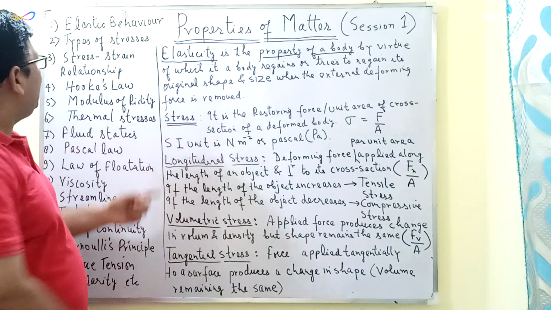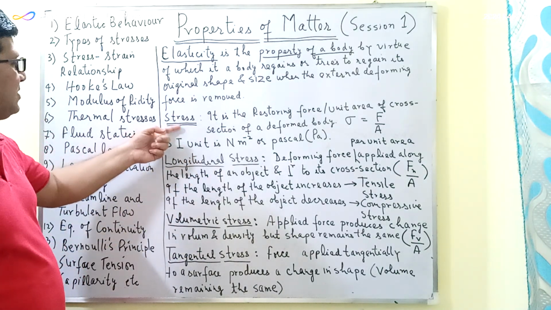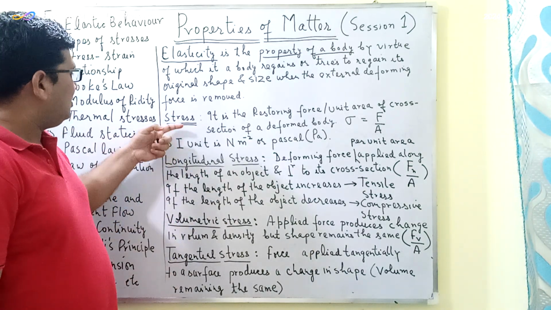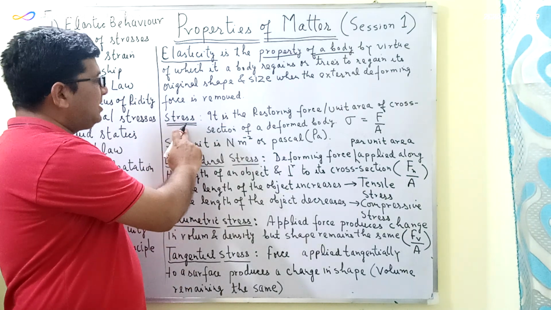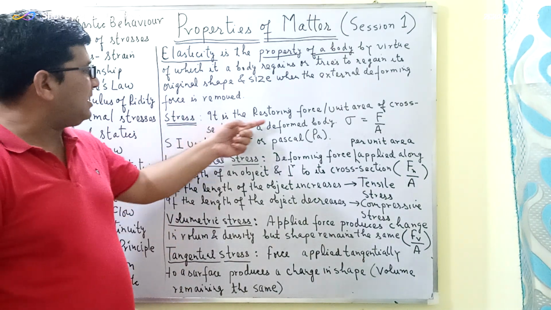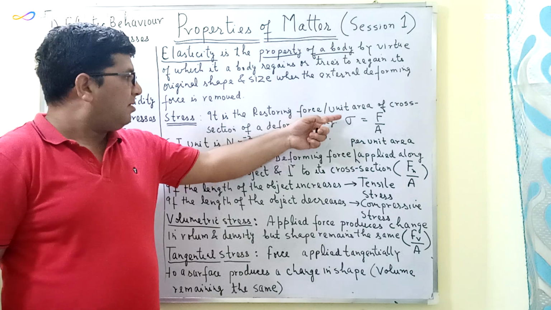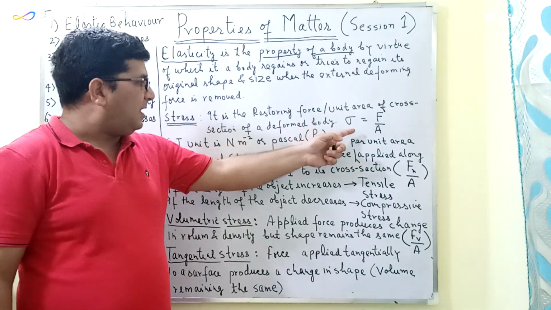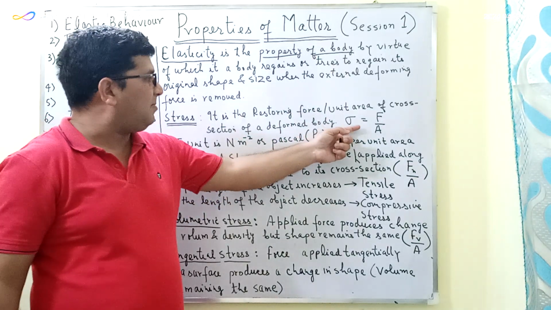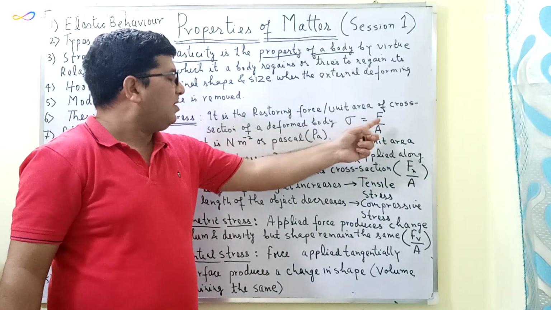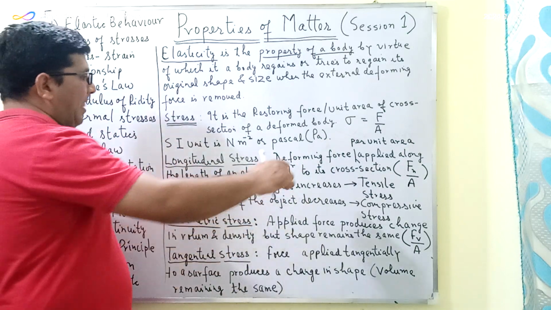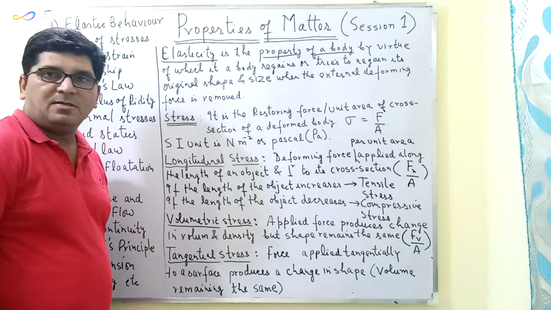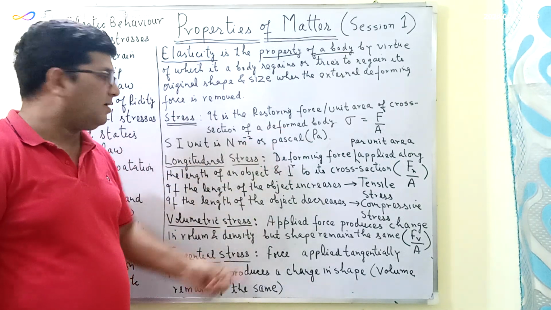Now let's come to the second important point, that is stresses. Here I will be discussing the three important types of stresses. First of all, what is a stress? Stress is the restoring force per unit area of cross section of a deformed body, and it is denoted by sigma, which is equal to F upon A, where F is the restoring force and A is the cross sectional area of that deformed body.